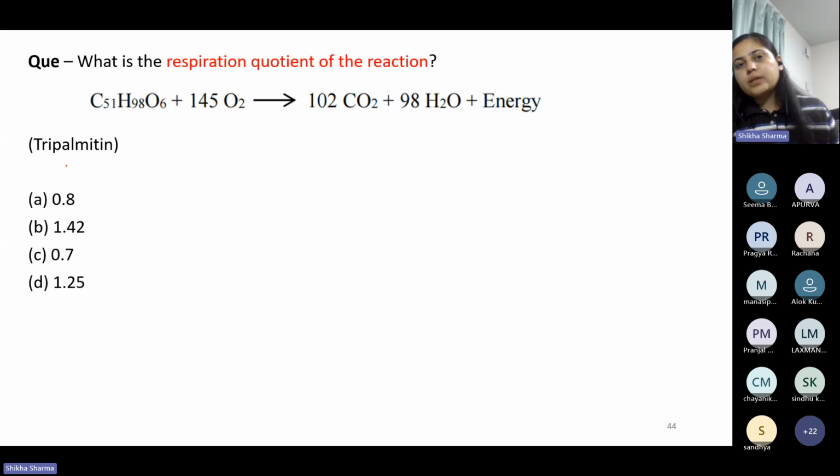What is the respiration quotient of the reaction? This is the reaction given and we need to tell what the respiration quotient is. This is an easy one, right? What is respiration quotient? We just discussed it a few slides back.